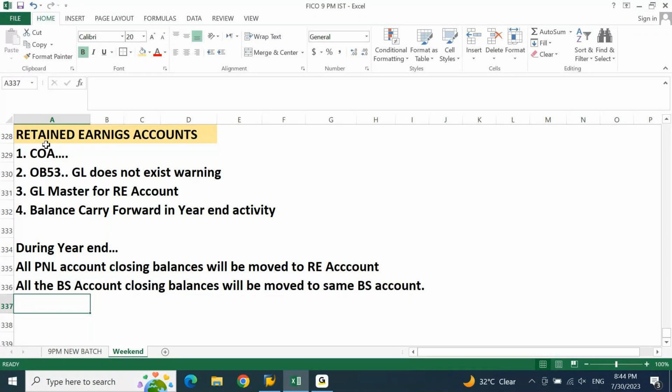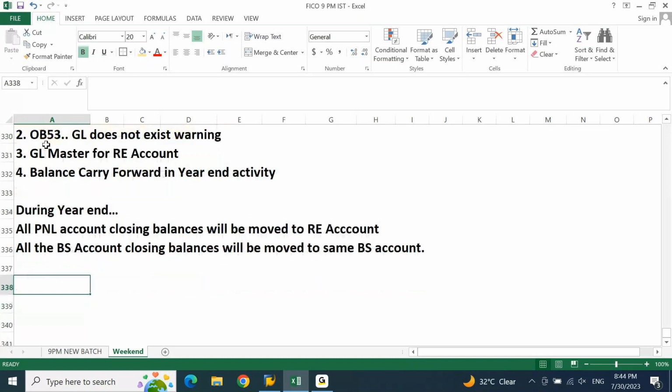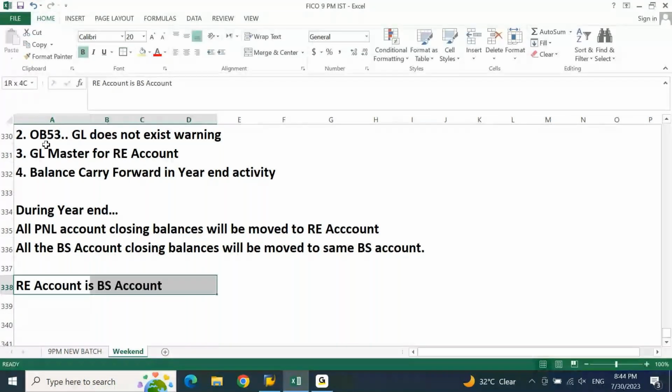And another point, retained earnings account is a balance sheet account.